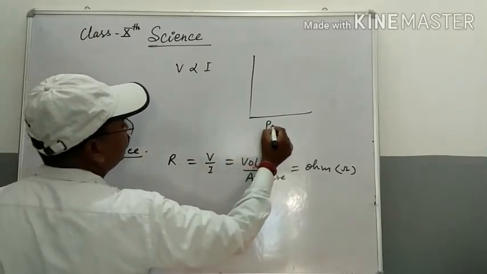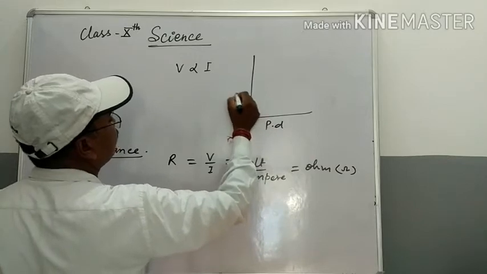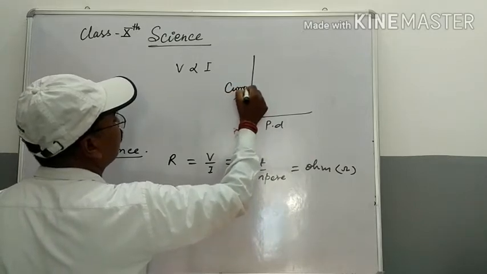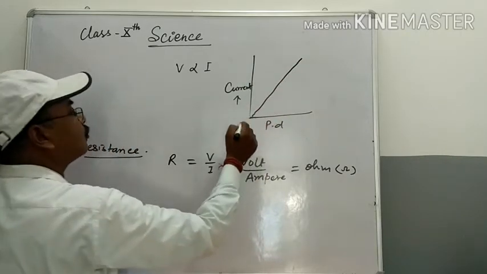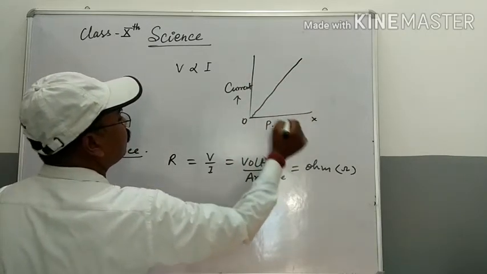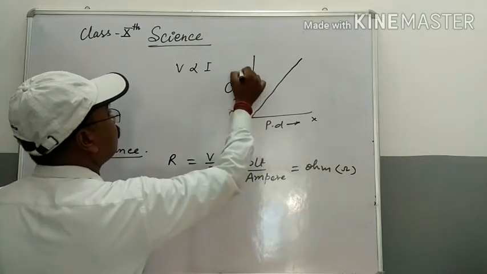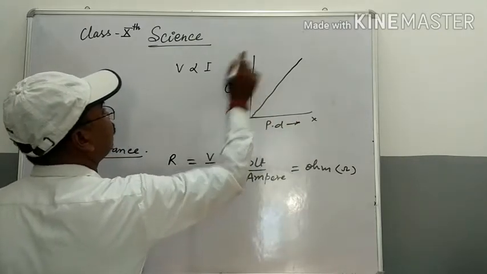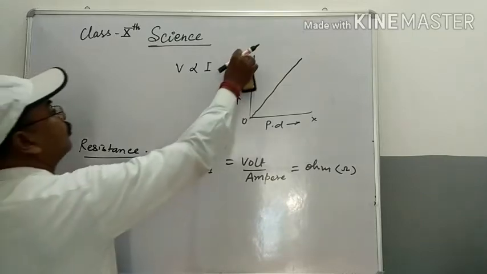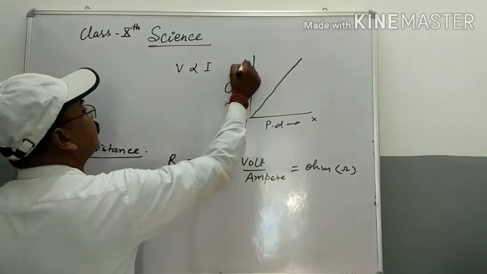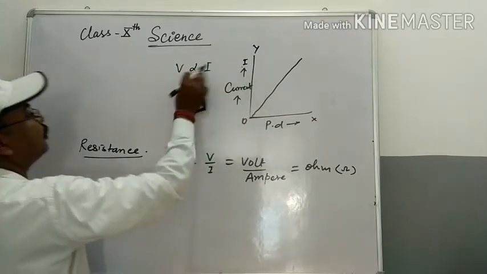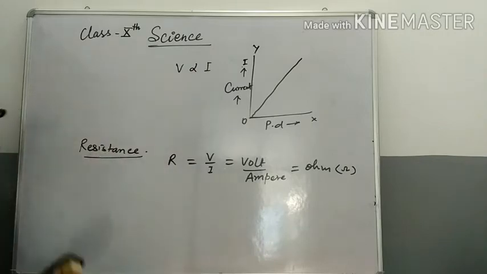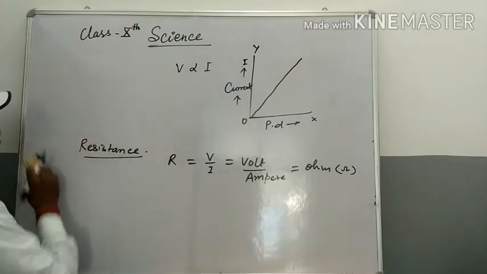Potential difference and current have a constant ratio.